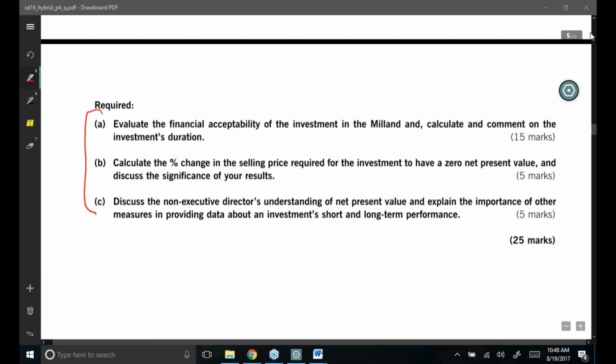You need to calculate 2 points here. First one is NPV for the financial acceptability, and the second one is duration.